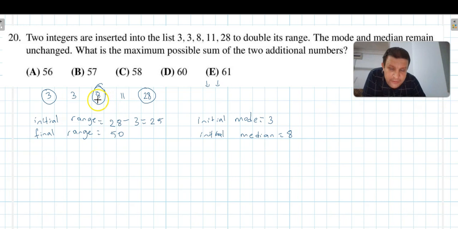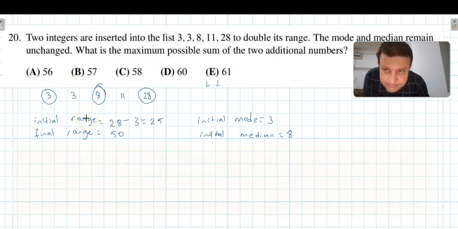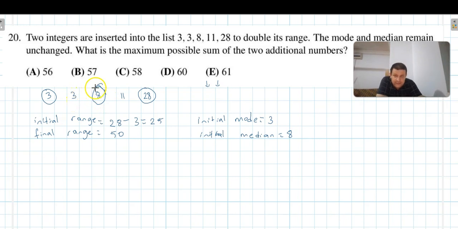No, because if we add 8, 8 will appear 2 times, or if we add two 8s, it's going to appear 3 times. In any case, the mode will change, and the mode should be 3. So one number is going to be less than 8, the other greater than 8.